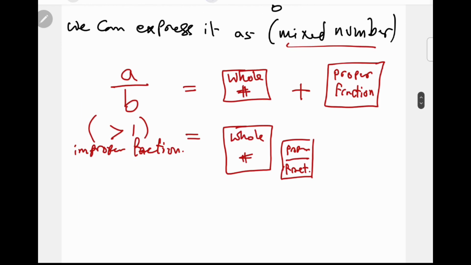For example, if I have a number like 7 divided by 5, how do we express this as a mixed number?